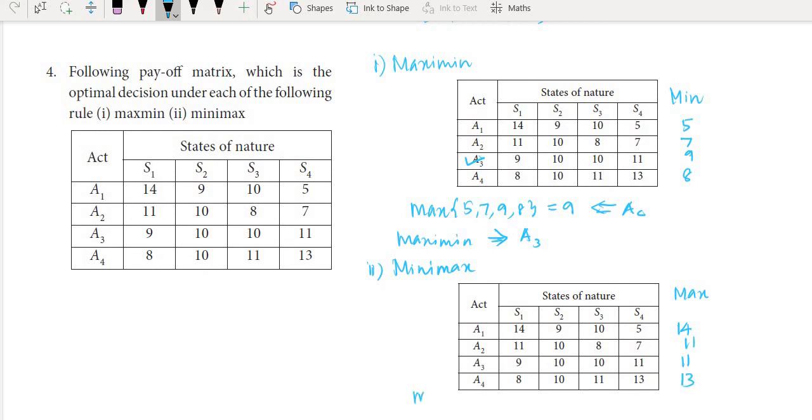So the minimum among 14, 11, 11, 13 is 11 here. So according to the minimax principle, the acts A2 and A3 are the best alternative acts here.